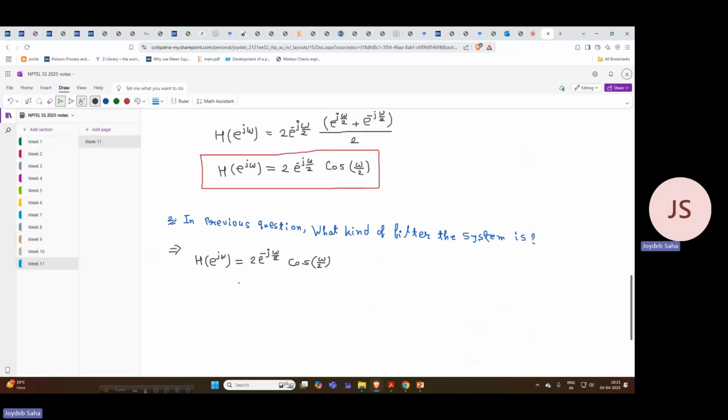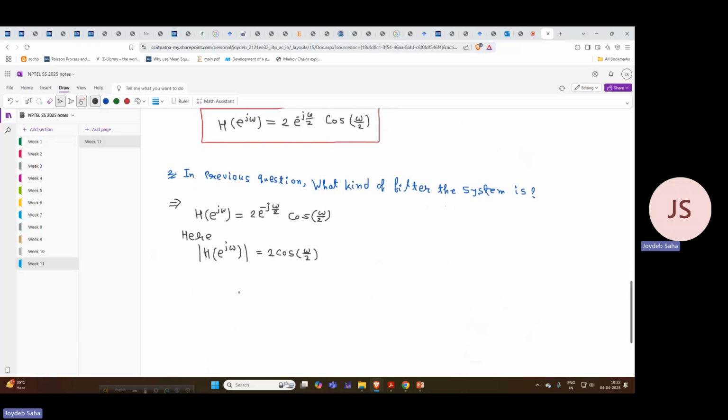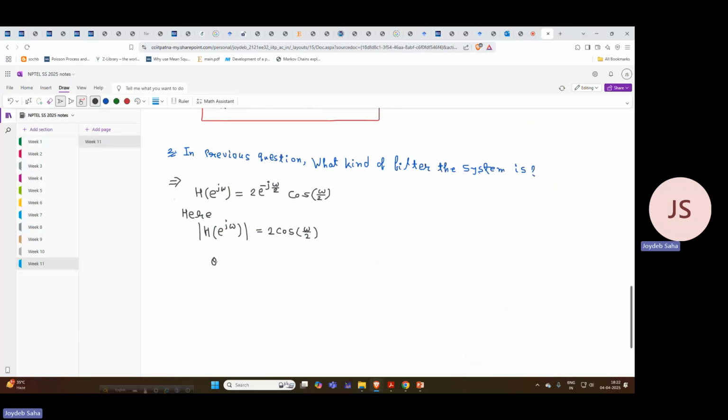Okay, so here magnitude is mod of H of e to the power j omega is equal to 2 cos omega by 2, and theta is minus omega by 2. Fine.